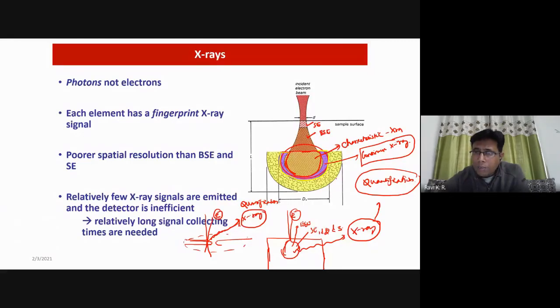Characteristic X-ray is something which talks about a sample's chemical composition, based on what kind of X-ray radiation we are getting. So this is the region of our interest.